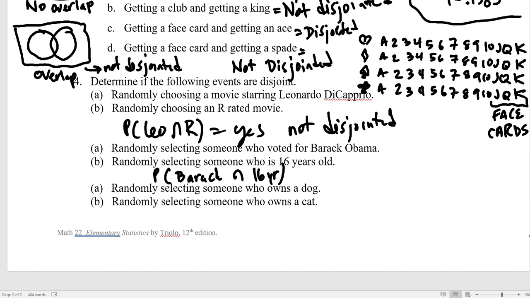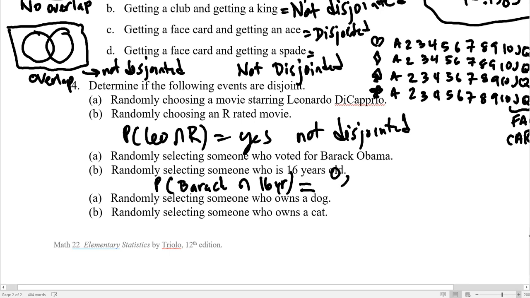Well, hopefully not, unless you know some voter fraud that I should know about. You can't vote when you're 16, right? So this is impossible. There is no overlap, therefore it is, right? No, it does not exist, which means it is disjointed.